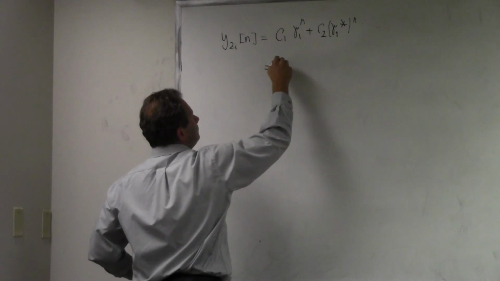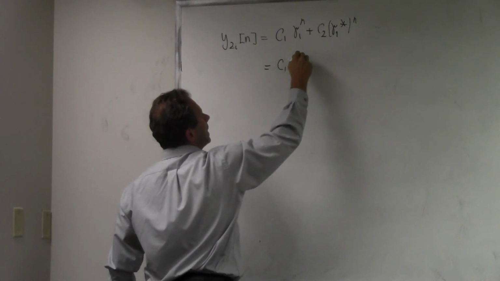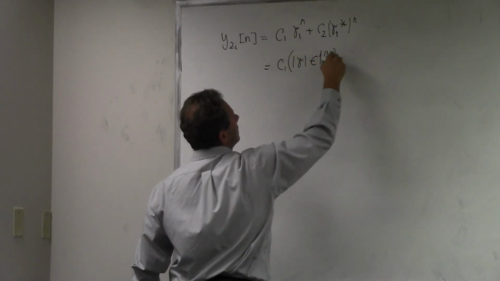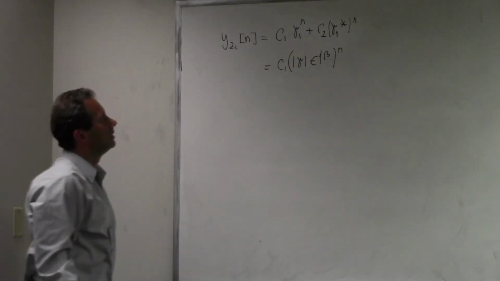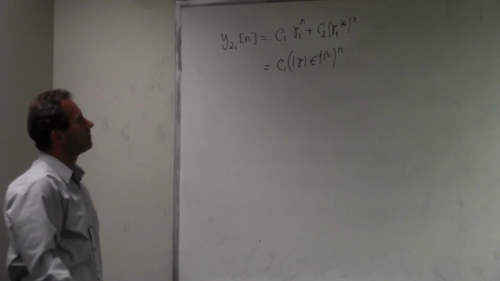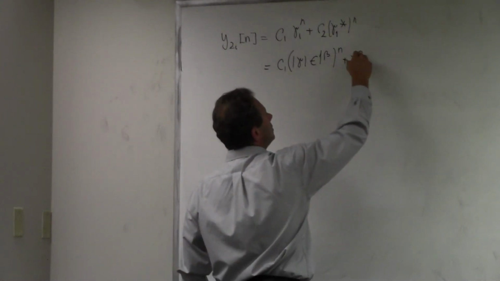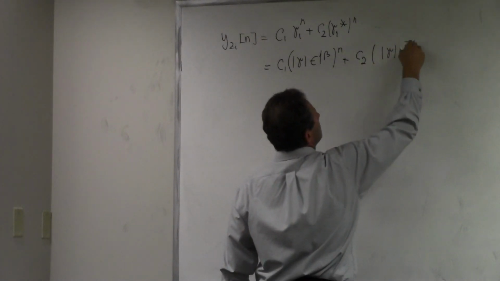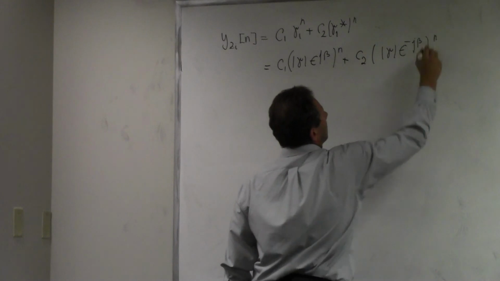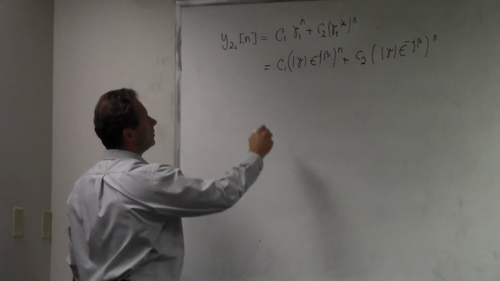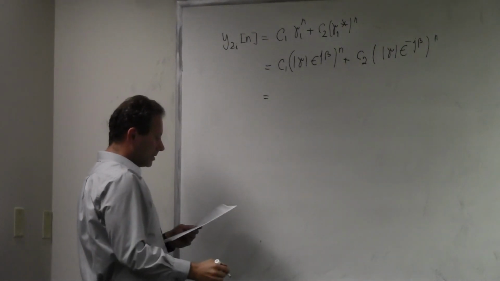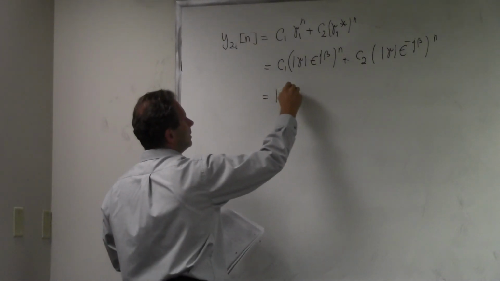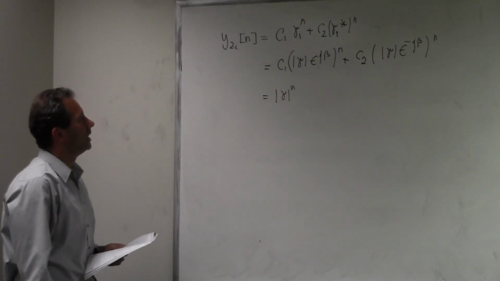But this can be written as C1 magnitude of gamma e to the j beta to the power of n, that's the first root gamma 1 to the n, plus C2 magnitude of gamma e to the minus j beta to the power of n. And you can see right away that this can be significantly simplified.